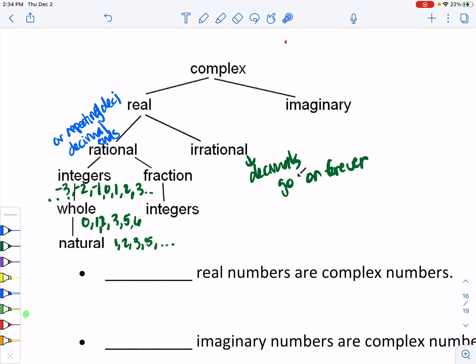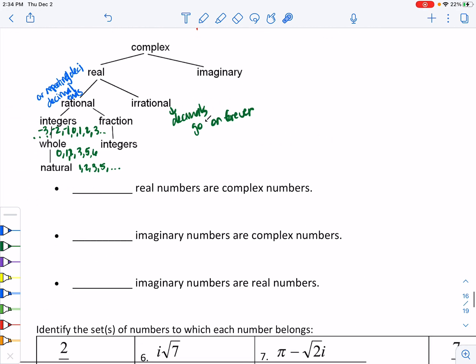Okay, and then we have something called complex numbers. Your complex numbers include your real and your imaginary numbers, so it's encompassing all of those. So it says blank real numbers are complex numbers. So some real numbers are complex numbers. Right?